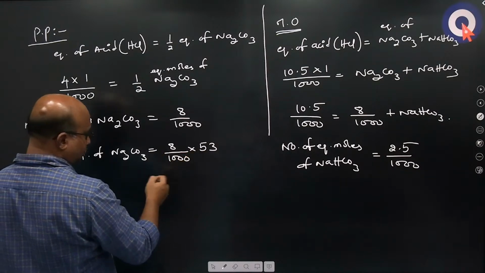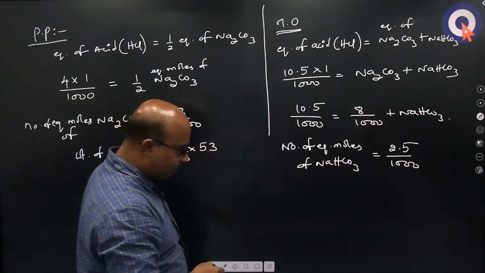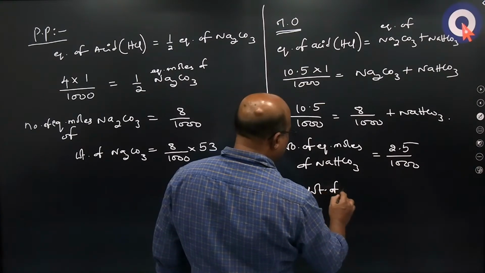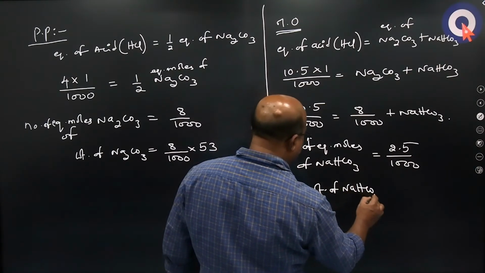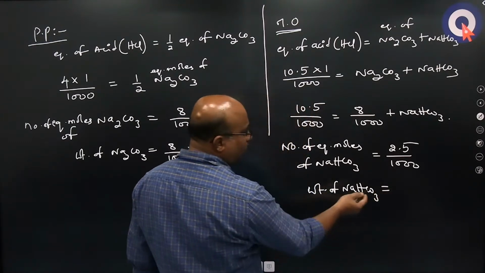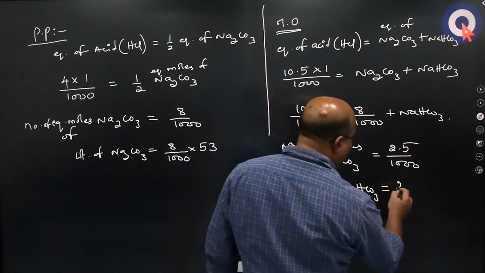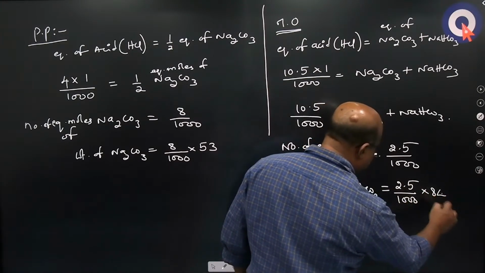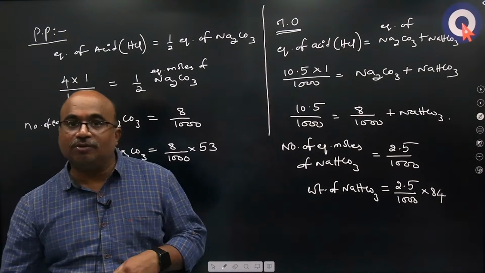So you will get the weight of Na2CO3 from here. What is the weight of NaHCO3? It is 24 plus 60, 84. So the equivalent weight of this is directly 84 only, the molecular weight, because the n factor of NaHCO3 is 1.